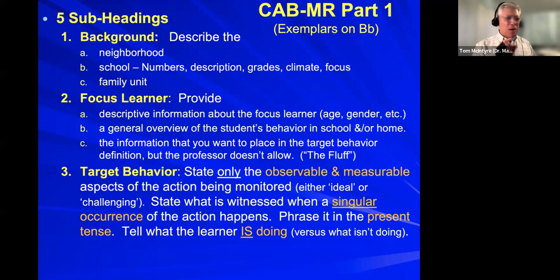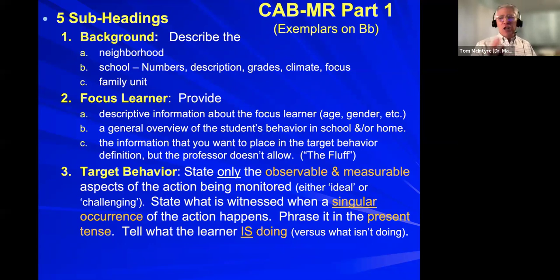Some of the definitions that sometimes come in are, student is not working. Okay, well, what is the student doing? Oh, student is reading a comic book. Student is looking out the window. Define a behavior that is happening, and it has to be precise.